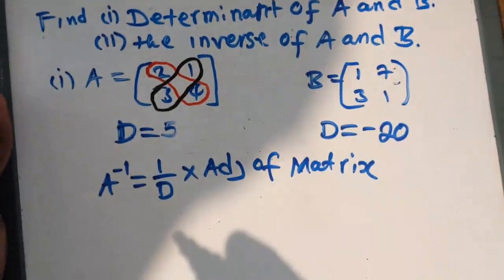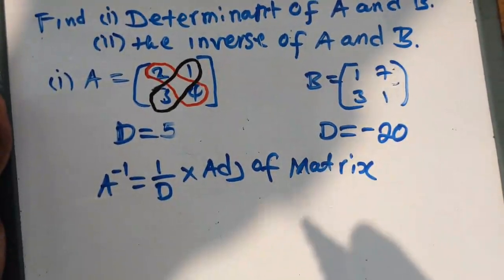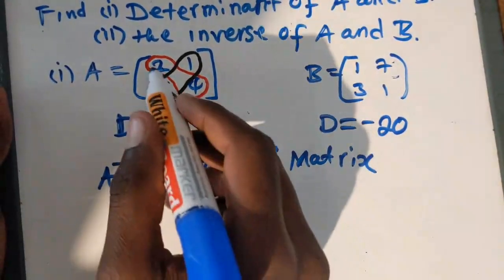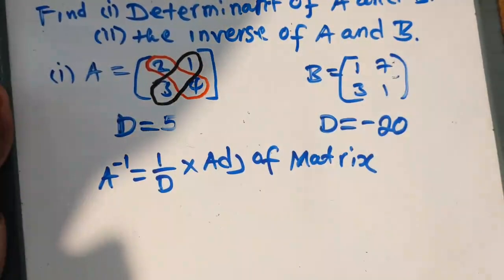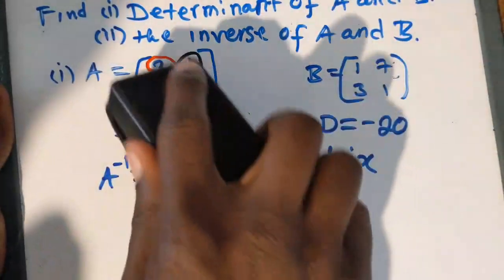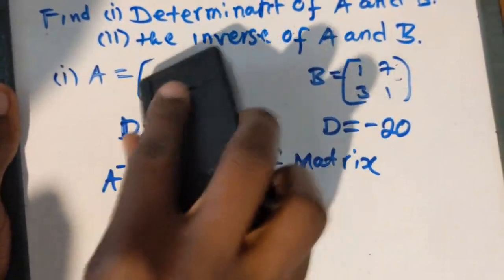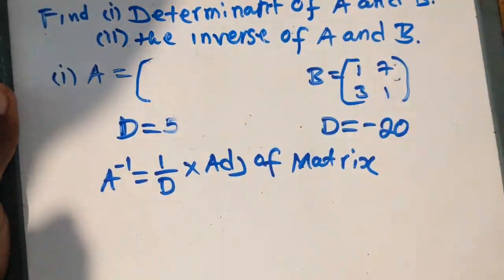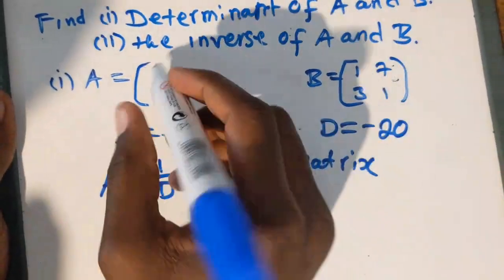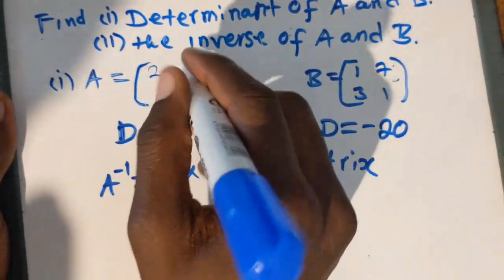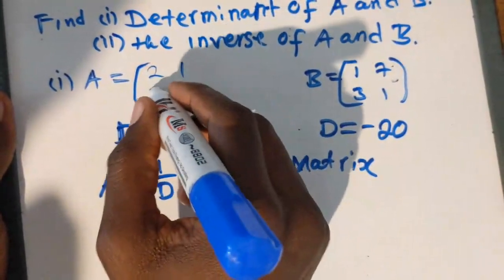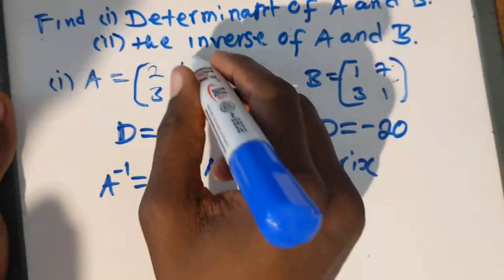So how do you find the adjoint of the matrix? Let me put the values nicely here. We have 2, 1, 3, and 4.